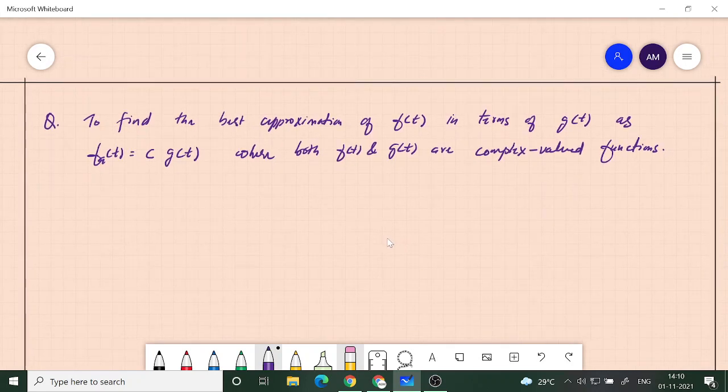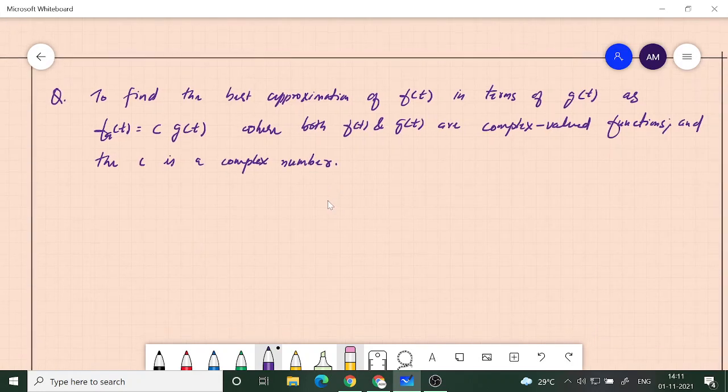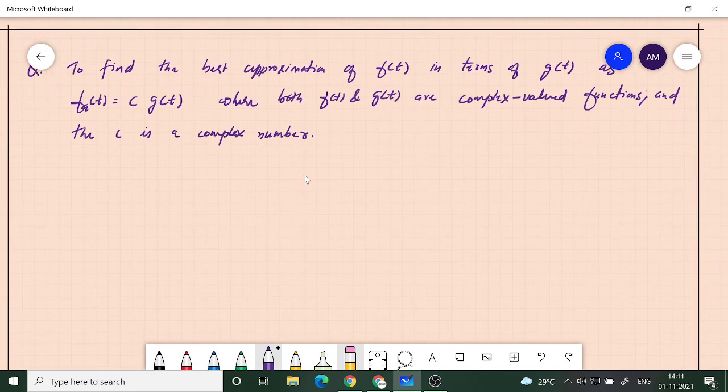Okay, so let me write that also: c is a complex number. So we need to find the best value of the complex number which will best approximate f of t in terms of g of t.